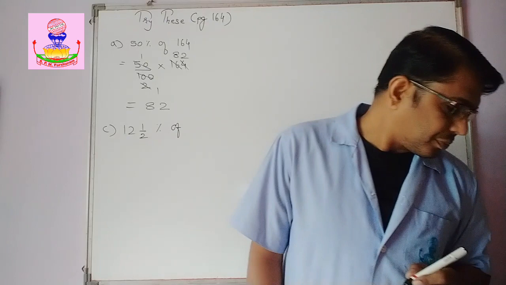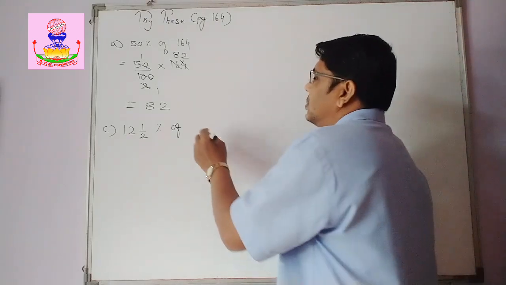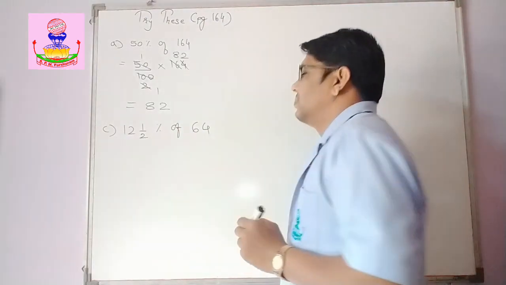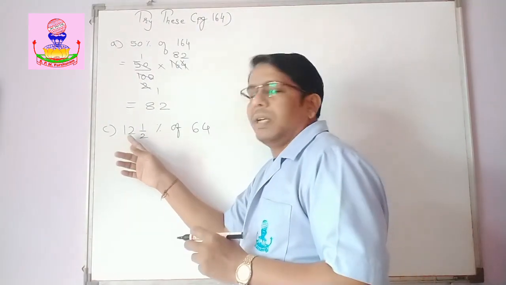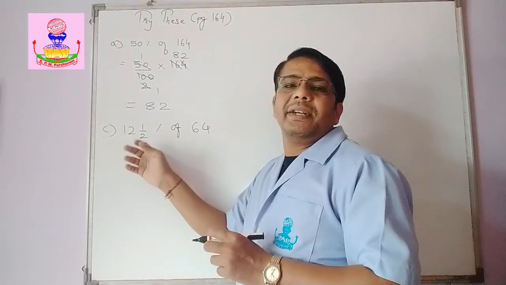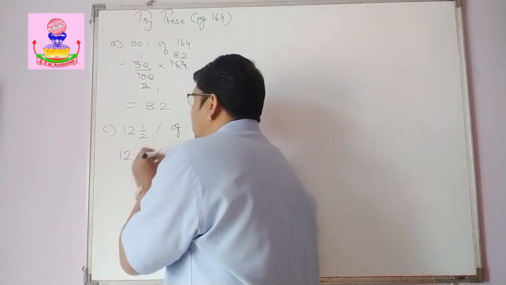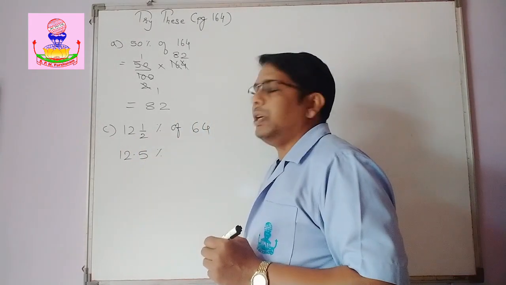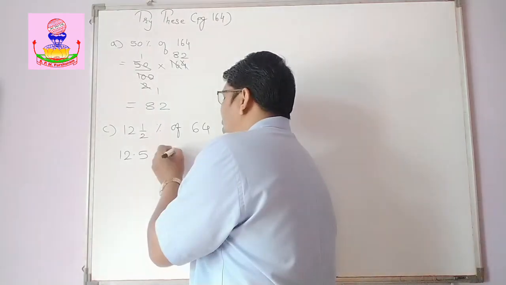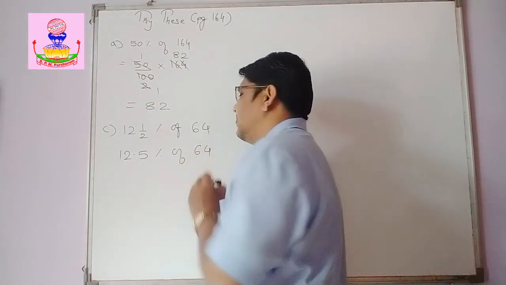Then next is C, 12.5% of 64. Now first what you do, either you write it in decimal point. 12.5 means 12.5%. That will be better. So 12.5% of 64.